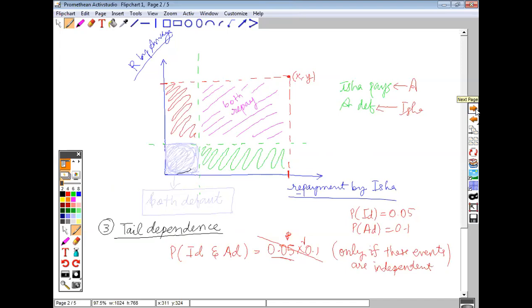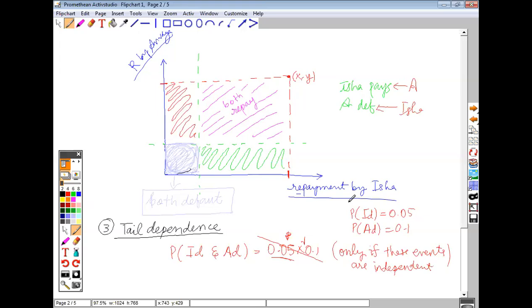All right, so what I have here is a lower tail and an upper tail, right? What I was saying is that I'm plotting on the x-axis the payment by Isha, the money that she pays back to me.